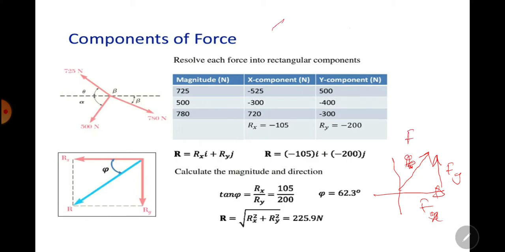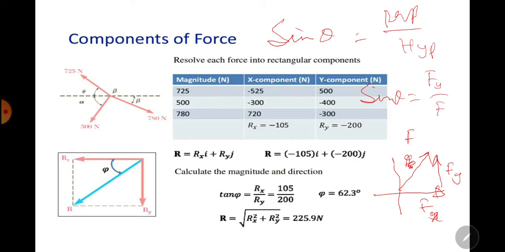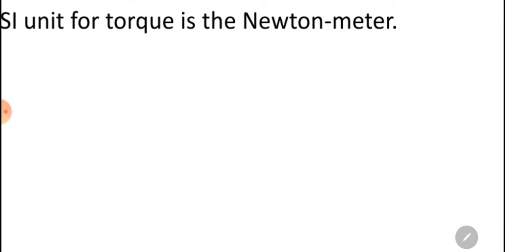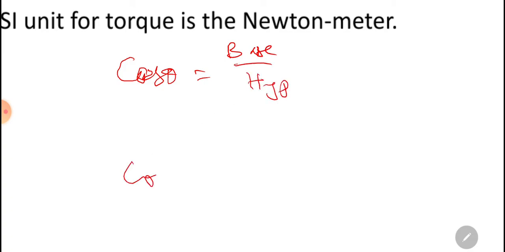Now as you know, sine theta is equal to perpendicular by hypotenuse, so sine theta is equal to Fy divided by F. So Fy is equal to F sine theta, and cos theta is equal to base by hypotenuse, so cos theta is equal to Fx divided by F. Fx is equal to F cos theta.